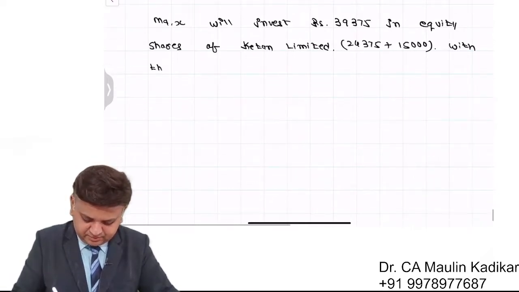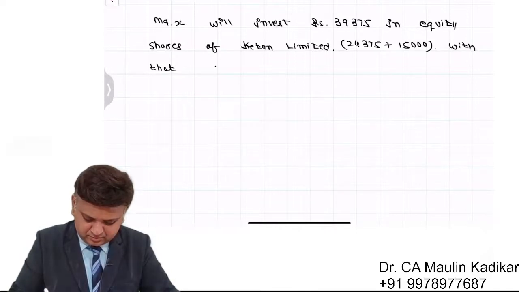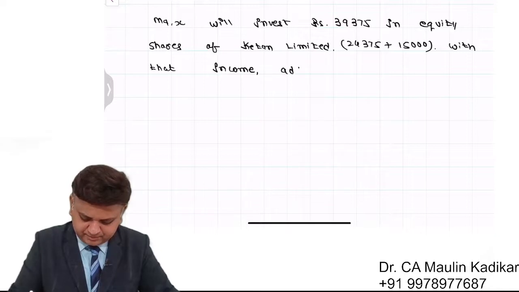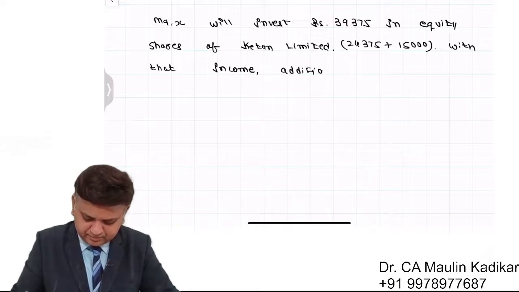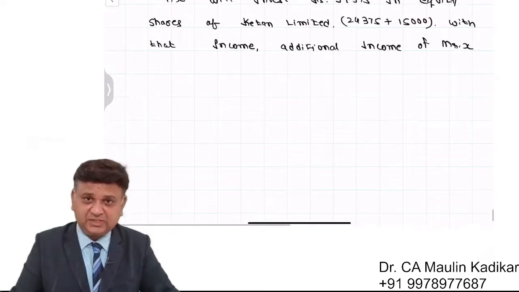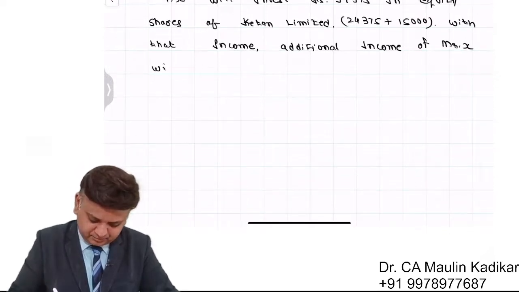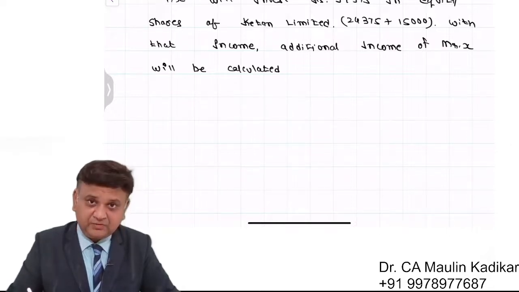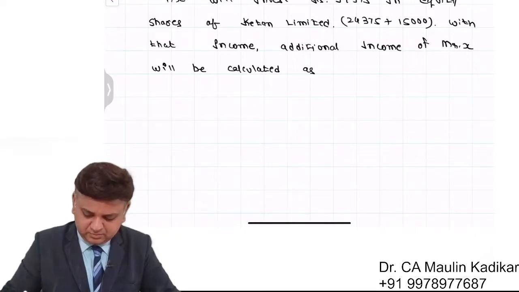With that, income, comma, additional income of Mr. X will be calculated as under.